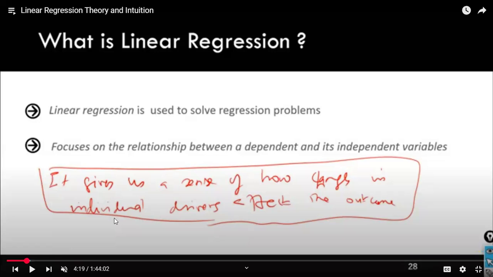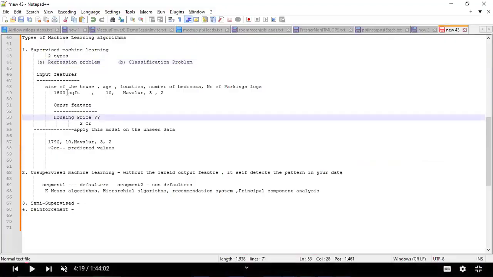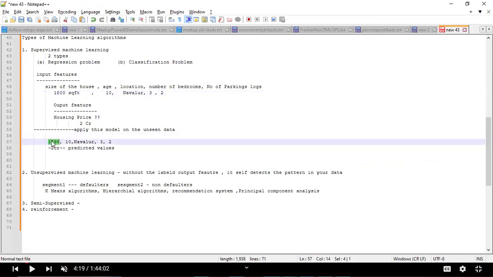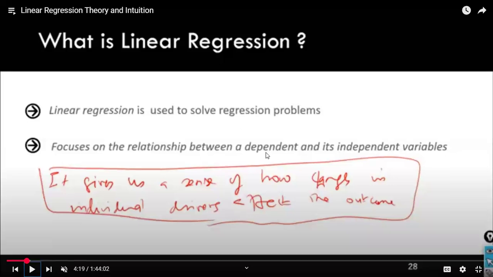So for example, here in this case, if the size of the house is 1,790 square feet instead of 1,800, the model will tell you what the effect on your housing price is. If there is a change in one variable, for example the size of the house, how much change in each driver will affect the outcome.